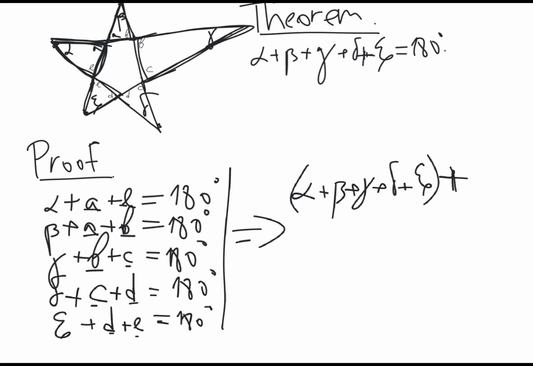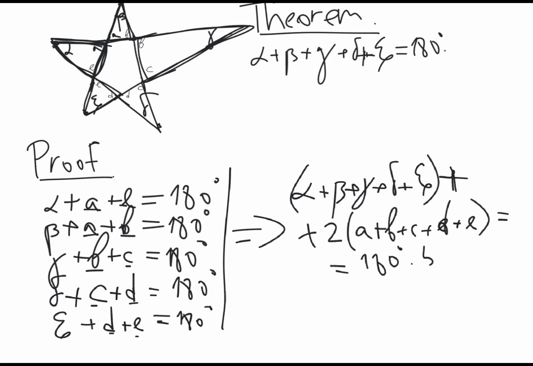So we have plus 2 multiplied by A plus B plus C plus D plus E, and all of this is equal to 180 degrees multiplied by 5, right? Because 5 triangles. Okay, so that's what we need to find.